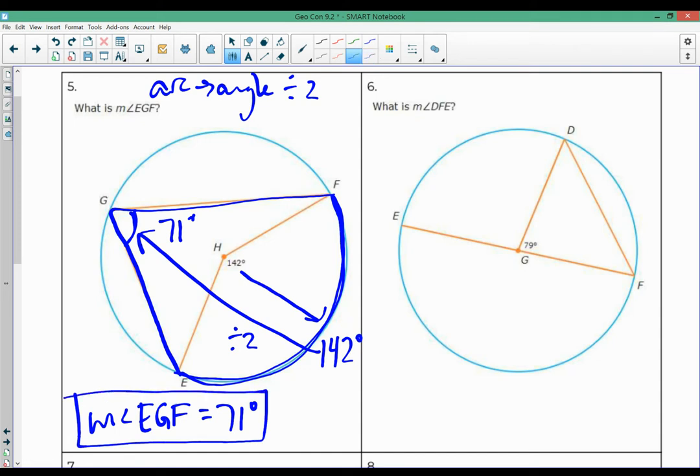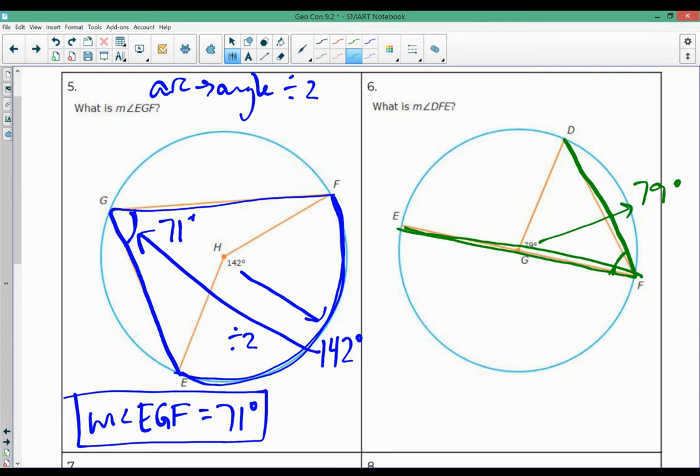Okay, the measure of angle DFE. We did one like this before. Maybe you can pause and see if you can do this one on your own and then check your answers against mine. So 79 degrees, I know that's a central angle, so arc DF is also going to be 79 degrees. And since EF is a diameter, I know that adds up to 180.